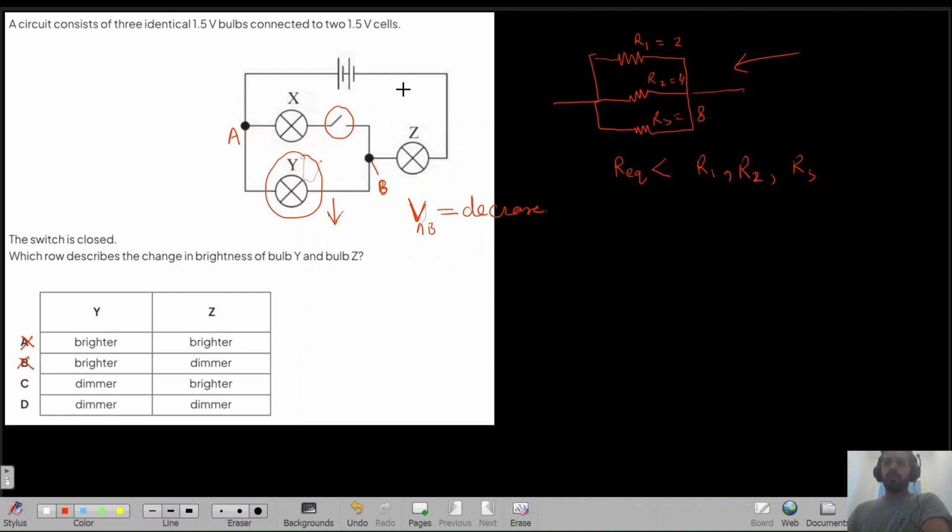So from Kirchhoff's voltage rule, we know that if the voltage of this cell is 12 volts, all of this 12 volts must drop across the circuit, right?